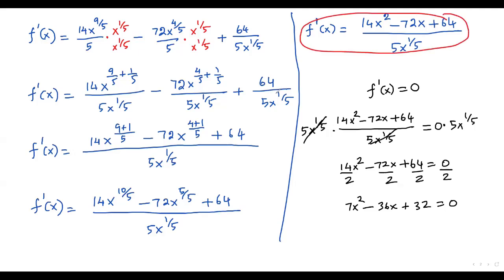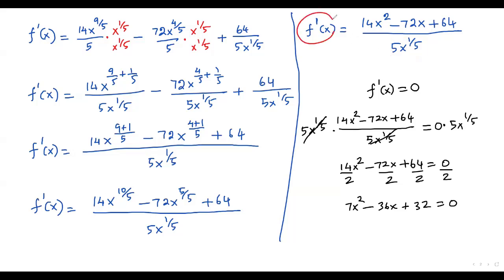Now what I need to check is whether this f prime of x becomes undefined for any real value of x. In this f prime of x, if I plug in x equals 0, what will happen? The denominator will become 0, because here the denominator contains x. In a fraction, if the denominator is 0, then the value of the fraction is considered to be undefined.